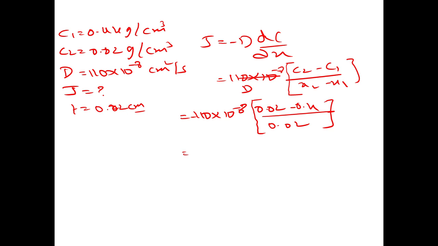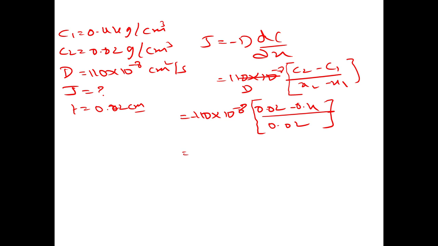Calculate 0.02 minus 0.44 divided by 0.02, into 110.